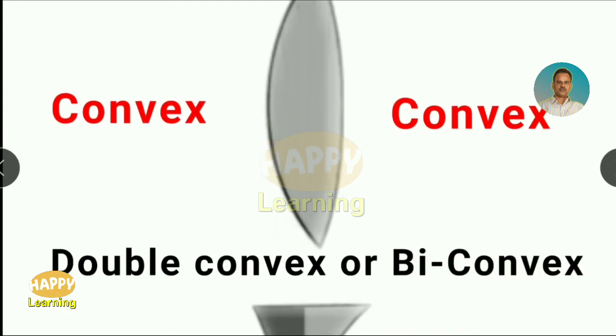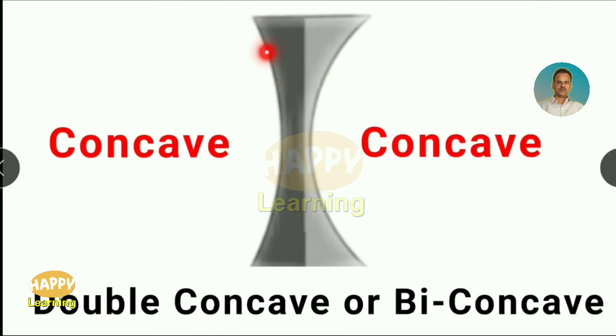Next, this side it is having some groove. Instead of bulging at the center, it is very thin at the center, and it is bulged at the edges. So here it is bulged, here it is bulged, here it is narrow.